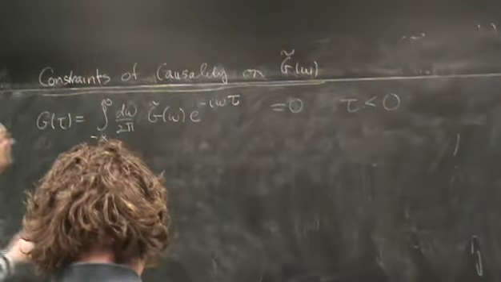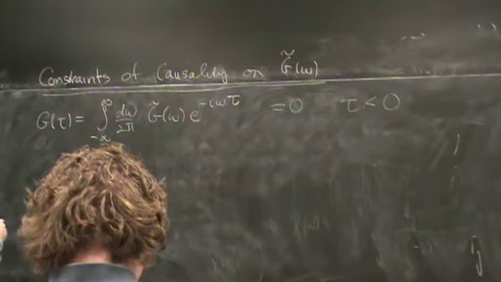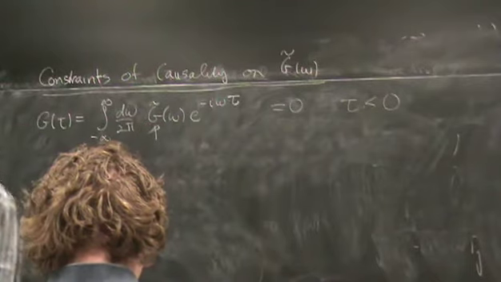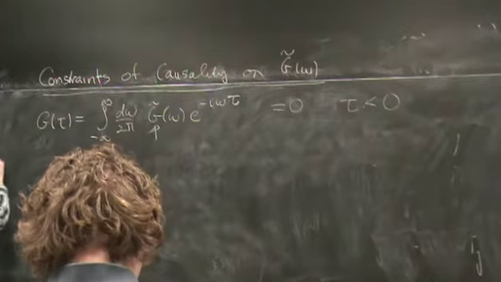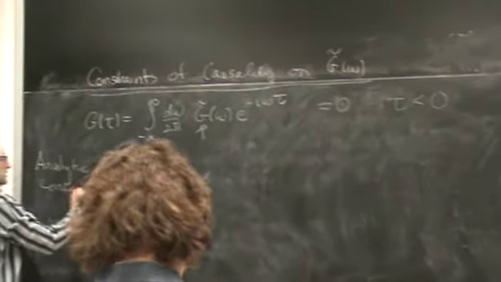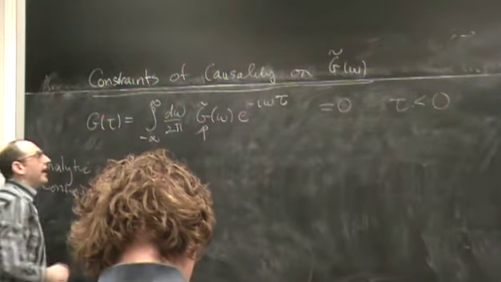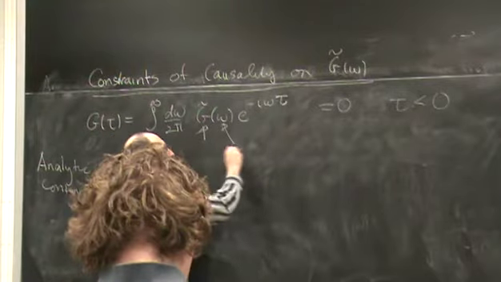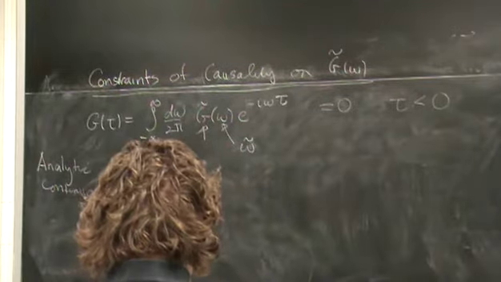In order to deal with this and ask how this constrains things, one of the ways we can think about this constraint on our transfer function is to do an analytic continuation. That is to say, we're going to treat this function on a complex plane, where now we allow the frequency itself to be a complex number.